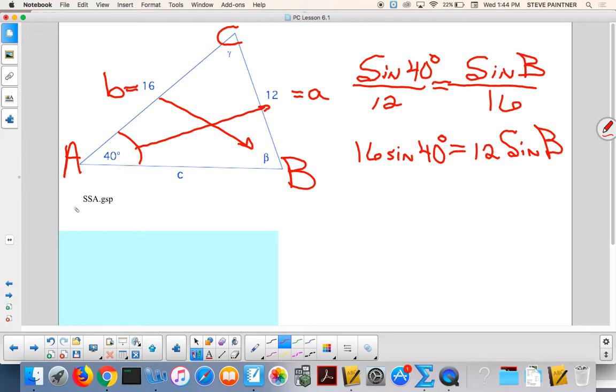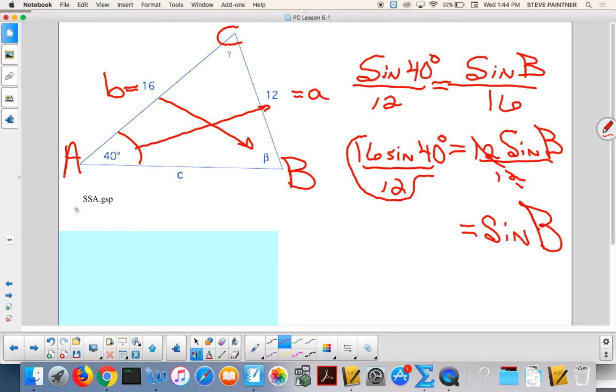Next. Okay, divide by 12, so it's this, right? So it becomes sine of your angle equals this.